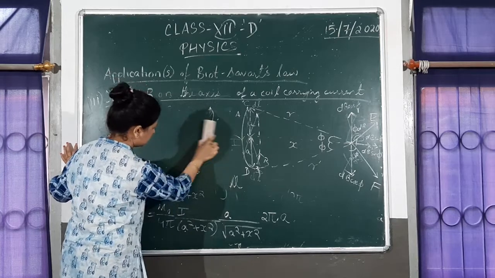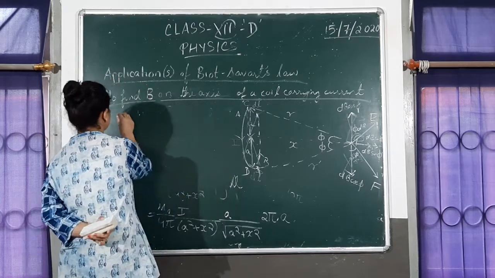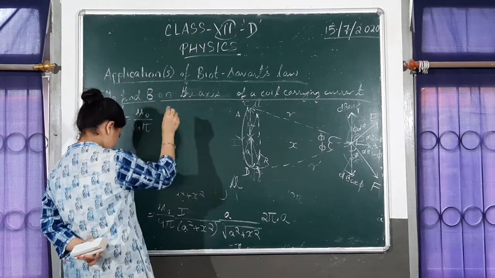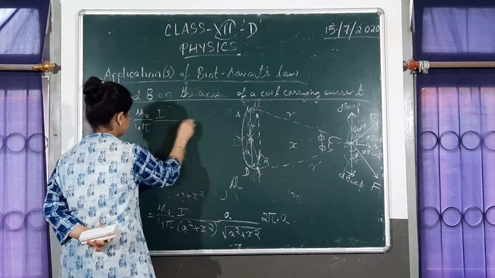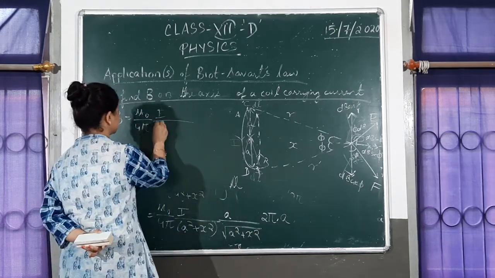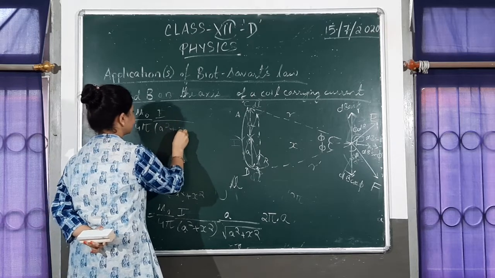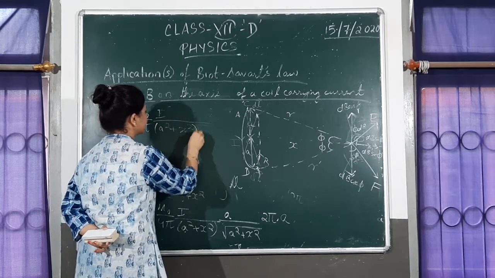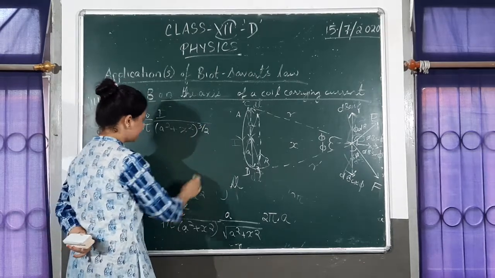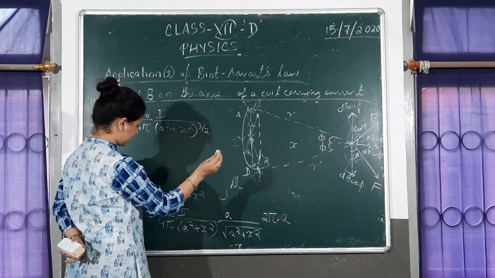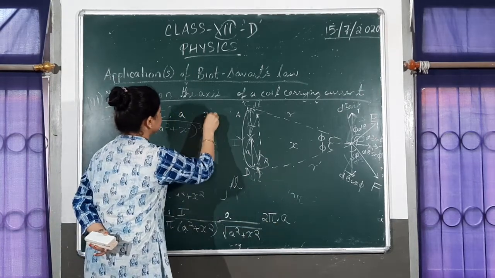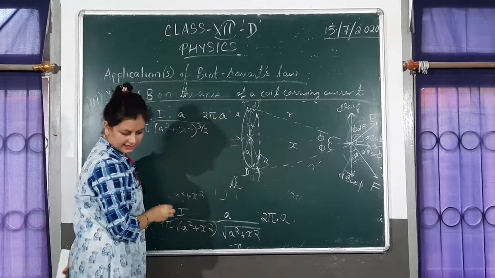Then B is equal to mu naught by 4 pi I by, this is to the power 1, this is to the power half. So 1 plus half is equal to 3 by 2. So I can write it as a square plus x square to the power 3 by 2. A is already there. 2 pi into a, the integration of dl.